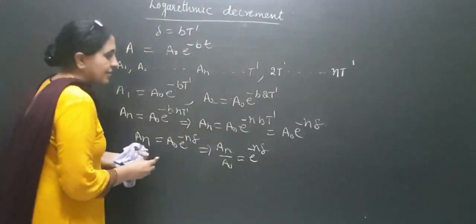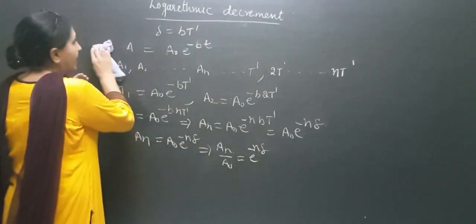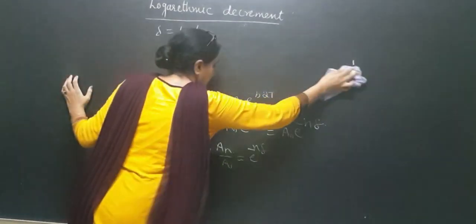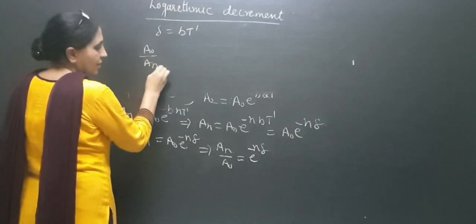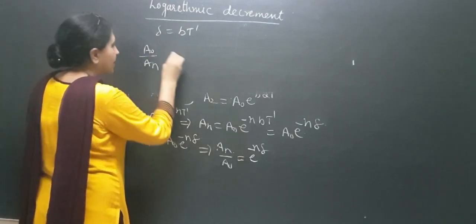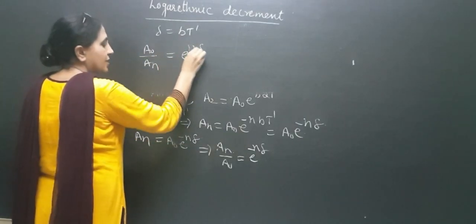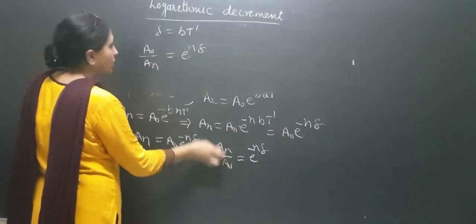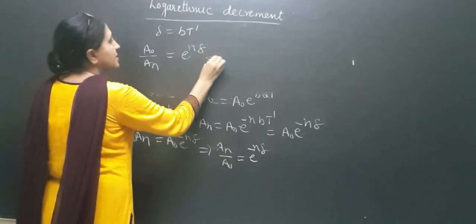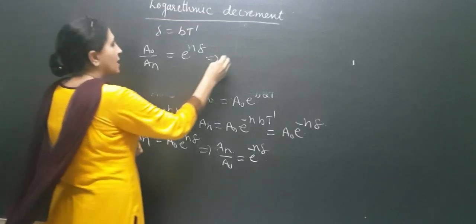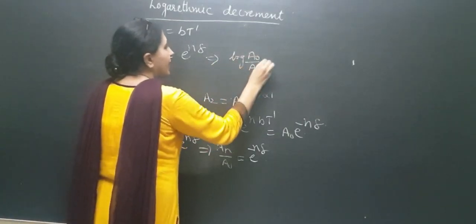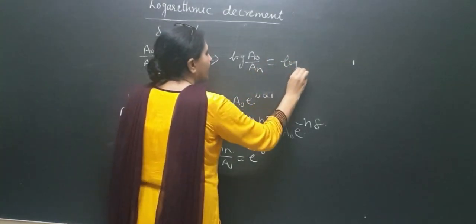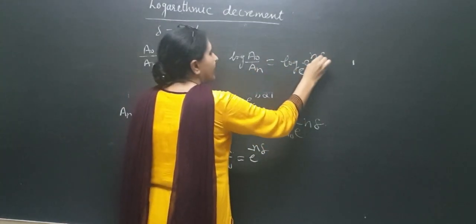Now reverse this. This implies A naught over An, we reverse this because then it becomes positive. Here I take A naught upward, An downward. Taking log on both sides, log of A naught over An is equal to log of e raised to the power n delta.